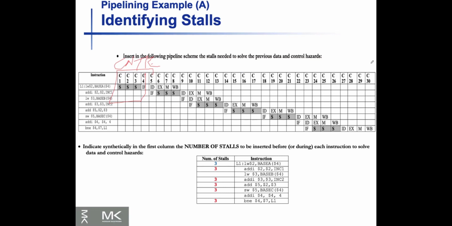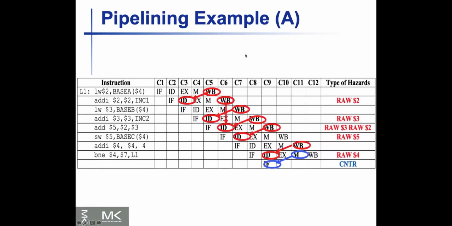In essence, that would be translated to this. So the final cycle count would be 30, right? Although you had 8 instructions, in a perfect world of a 5-stage pipeline, that would be equal to 12, right?